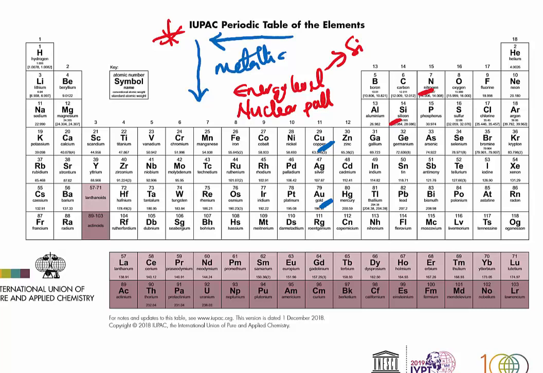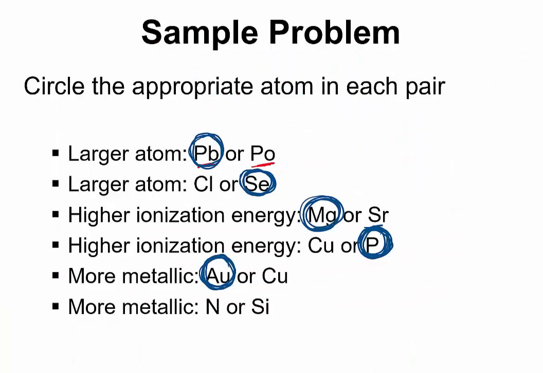In terms of nuclear pull, the more nuclear pull you experience, the lower your metallic properties. So, on the account of nuclear pull, silicon is again more metallic. So on both counts, silicon is more metallic.